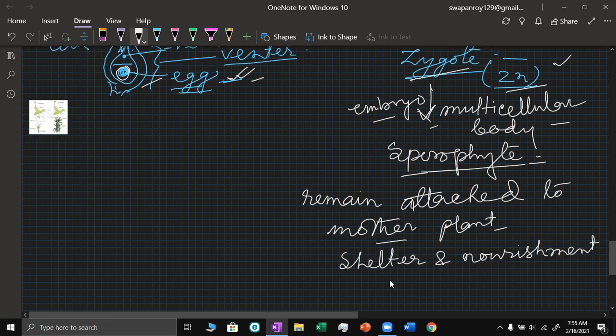So we can say it is partially parasite dependent. They don't have an independent sporophytic structure.